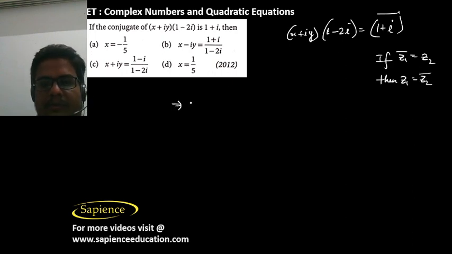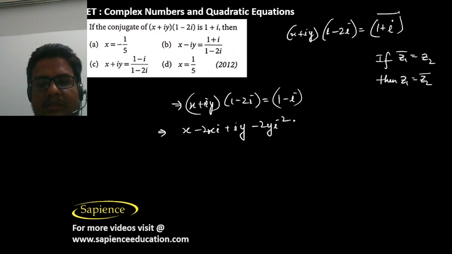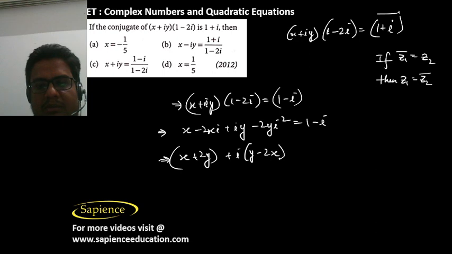So now x plus iy into 1 minus 2i will be equal to 1 minus I. So that will be x minus 2xi plus iy minus 2y I square, that is equal to 1 minus I. So therefore x plus 2y plus I into y minus 2x is equal to 1 minus I. So therefore x plus 2y is equal to 1, and y minus 2x is equal to minus 1.